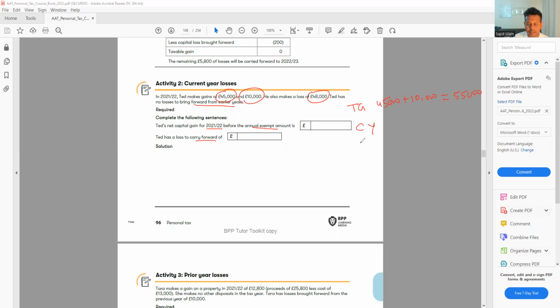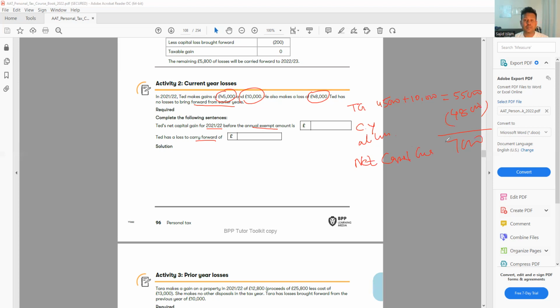Remember that current year loss, not from the previous period, but current year loss, you have to minus first. So 48,000 we minus, and that gives me 7,000. That's my net capital gain, 7,000.